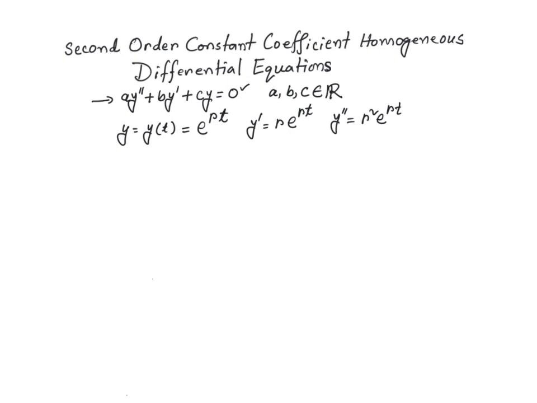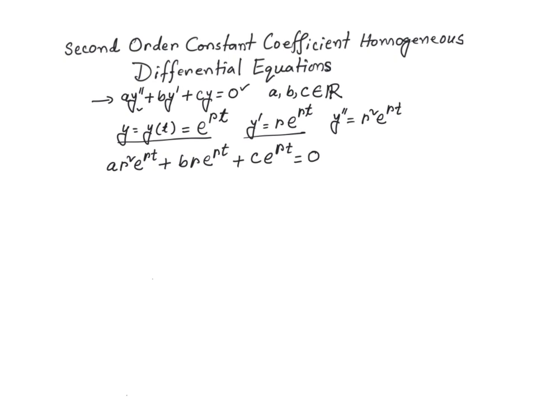So a times y double prime, which is r squared times e to the power rt, plus b times y prime, which is r times e to the power rt, plus c times y, which is c times e to the power rt. It is a homogeneous differential equation, so the right hand side is 0.